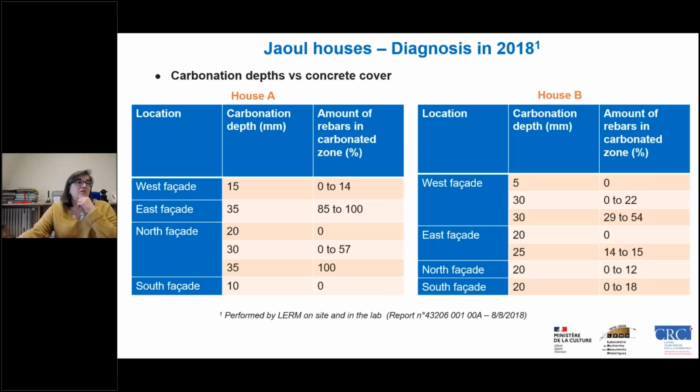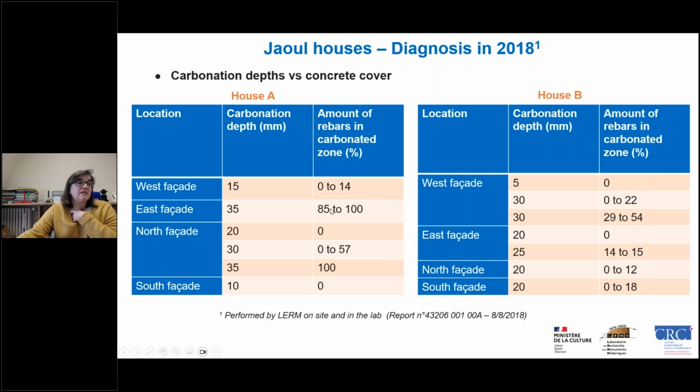Nevertheless, what we found, dealing with diagnosis, the diagnosis was performed in 2018. We had deep carbonation of the concrete. As you can see, depending on the facade, it could go to 35 millimeters, which is quite high.